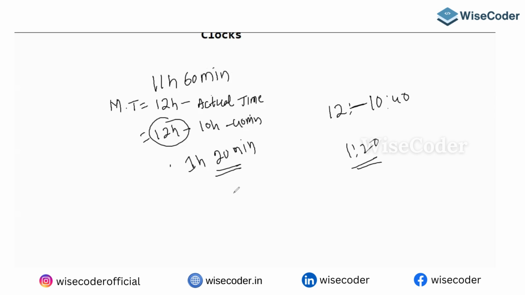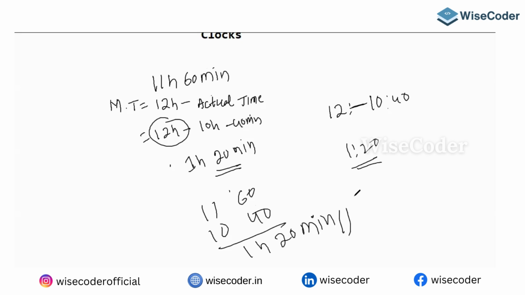Then the job is easy, no? So 11 hours minus 10 hours, and 60 minus 40 minutes, which gives you 1 hour 20 minutes.